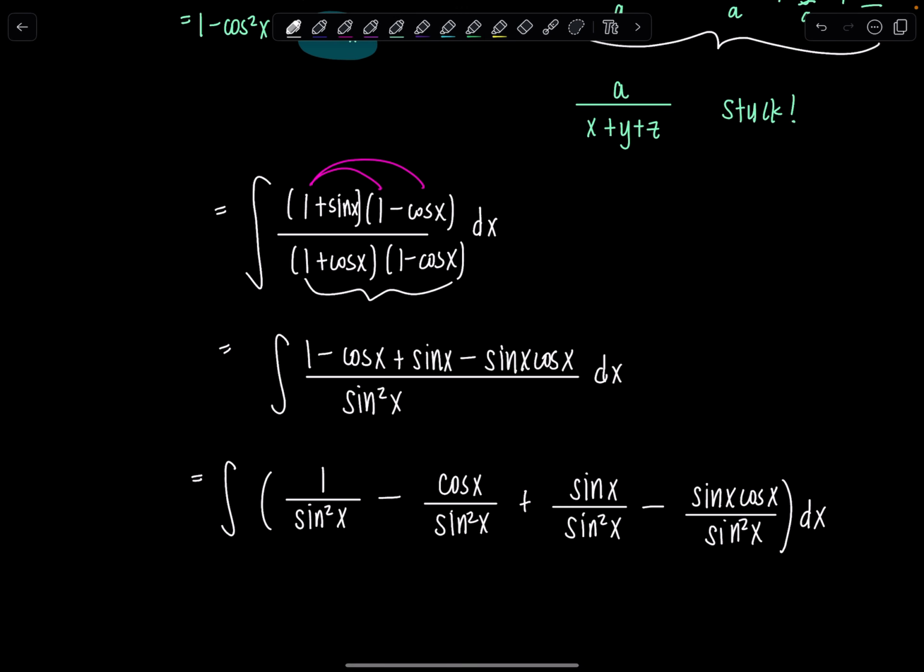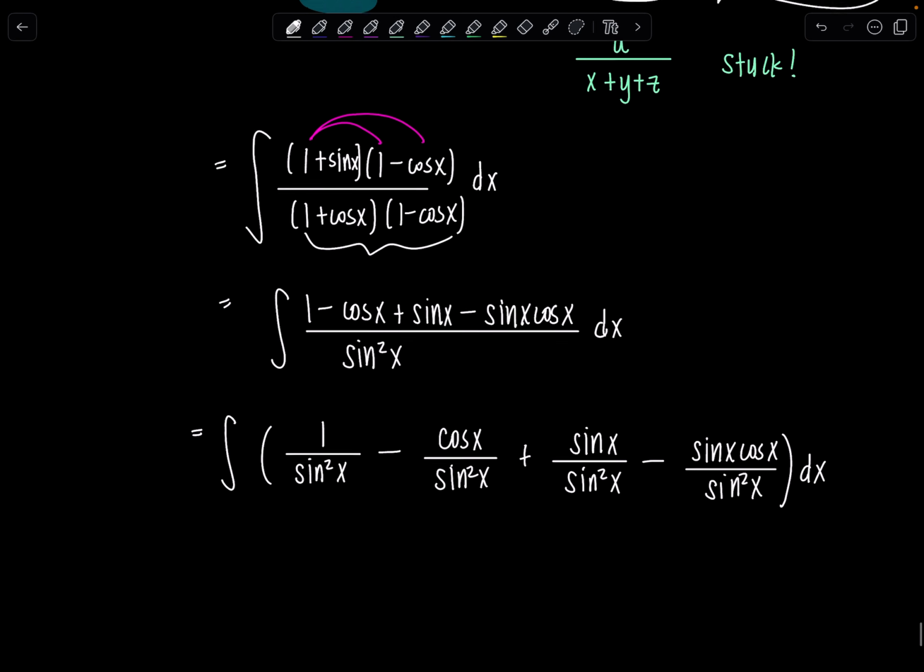How are we doing? Okay, now let's go through. We're going to simplify each of the four terms that we have to a point where we can easily integrate each one, okay?